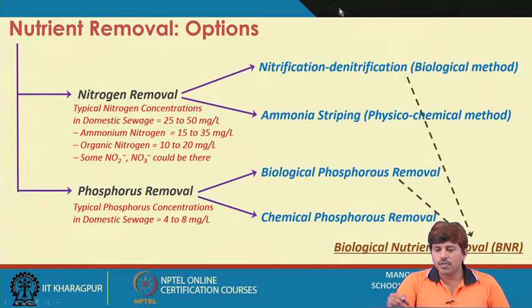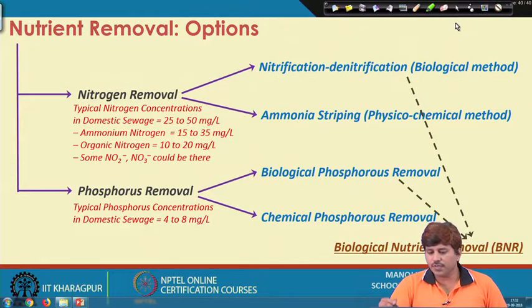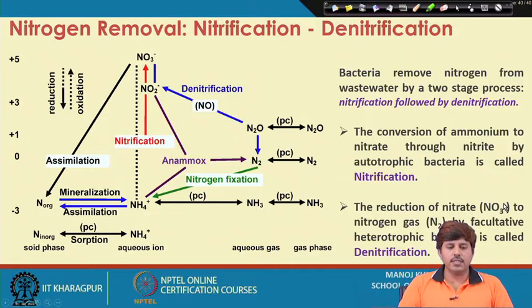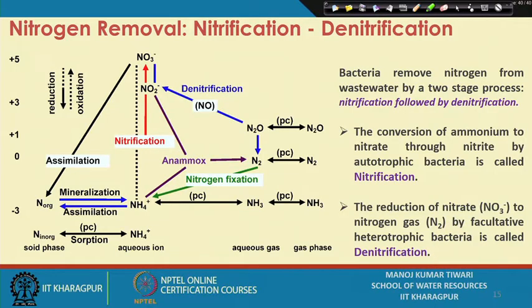Then the nitrogen removal, particularly the nitrification or denitrification process, is essentially a biological process. The bacteria remove nitrogen from the wastewater in this two-stage process, which is nitrification first, followed by denitrification.